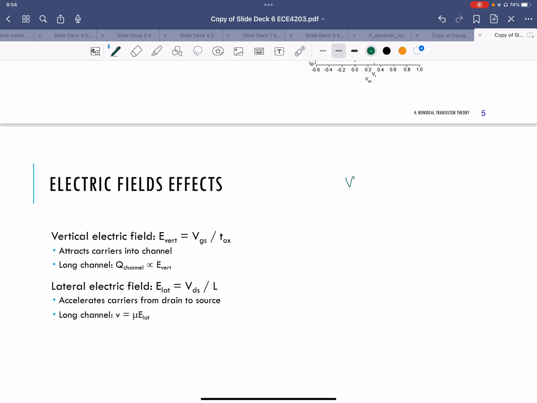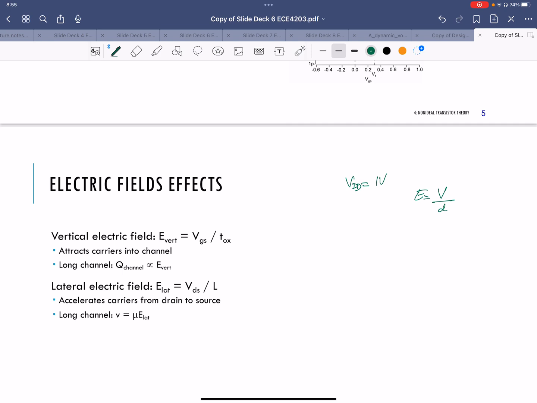But you've got to remember that this VDD voltage of 1 volt is dropping across very thin, very short distances. So the electric field is the electric potential, so voltage, over whatever distance that voltage is dropping across.